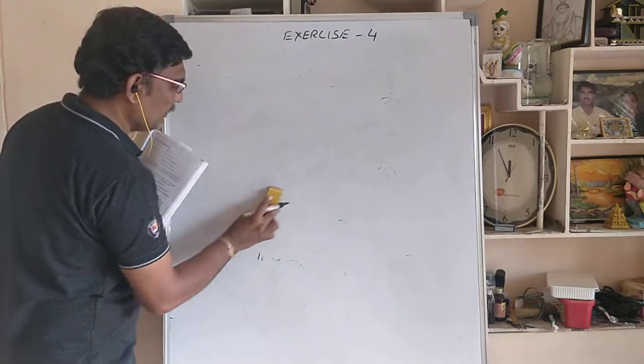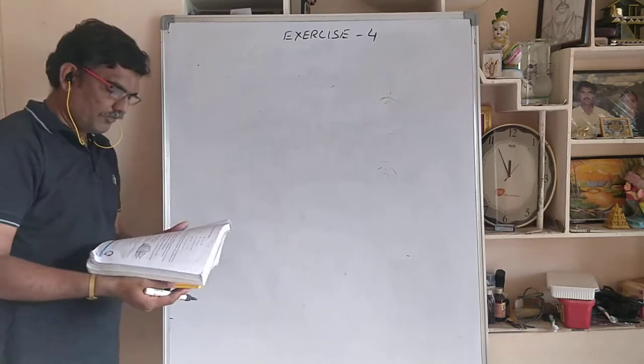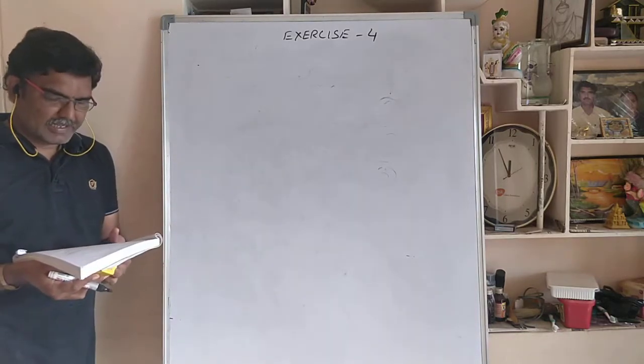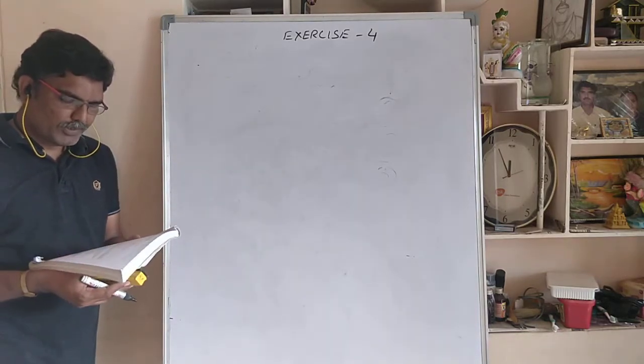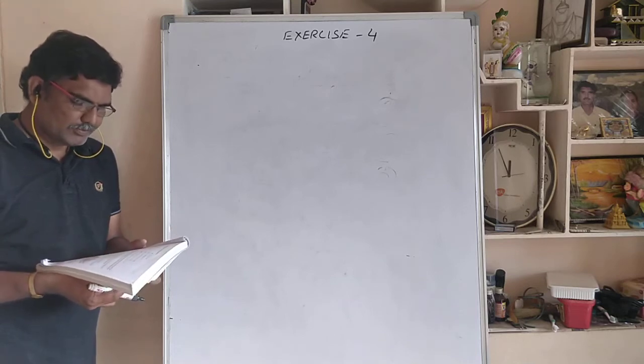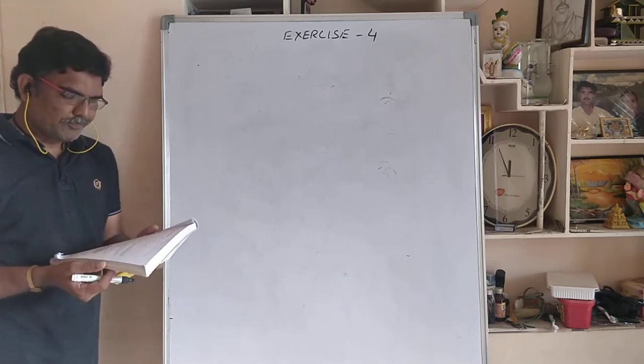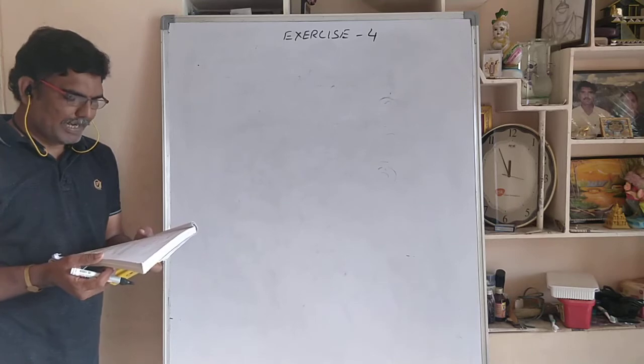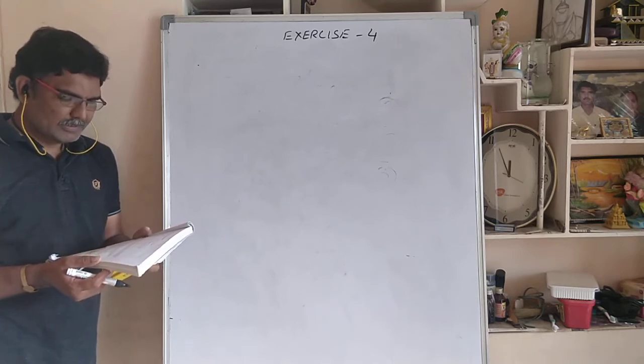What is the 5th problem? See it here. A merchant on selling rice earns a profit of 10 rupees per bag of basmati rice sold and a loss of 5 rupees per bag of non-basmati rice.